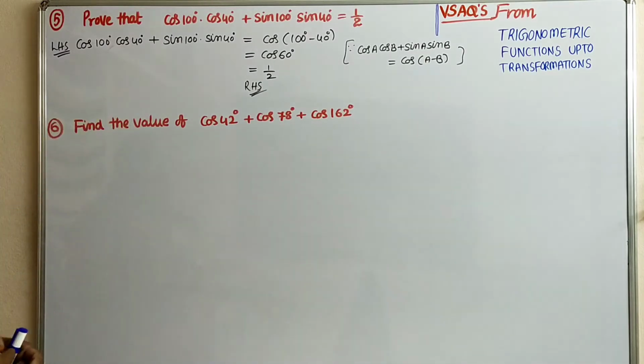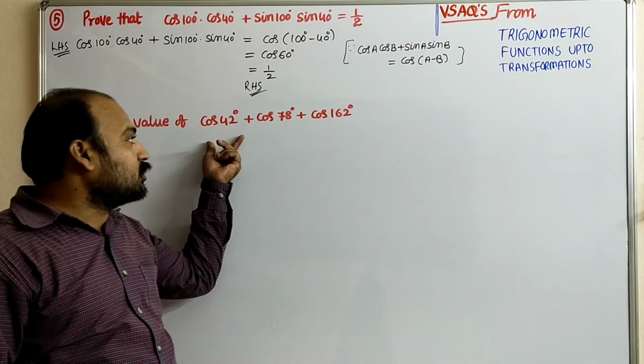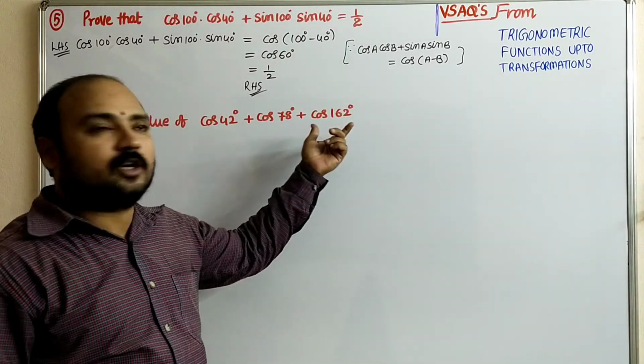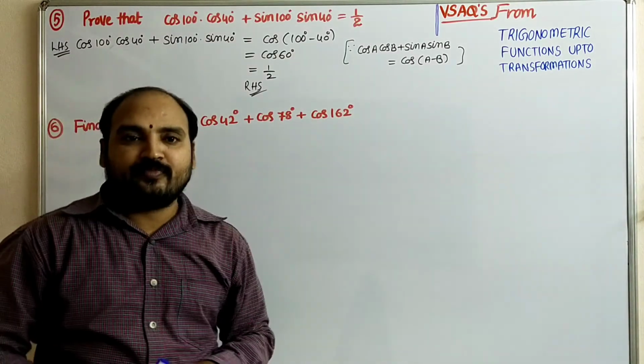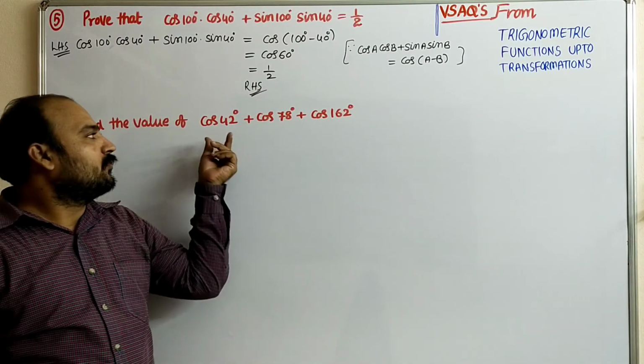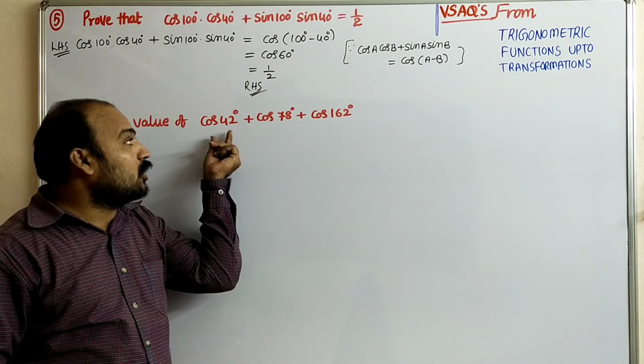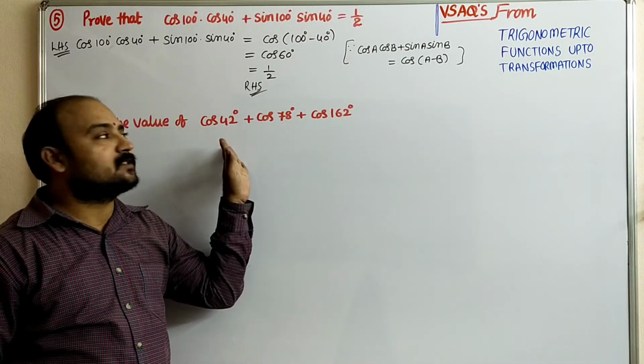Here, in question number 6, find the value of cos 42 plus cos 78 plus cos 162. Here, 42 is near 60 degrees. So, how much do you have to add for the 60? 18 degrees.